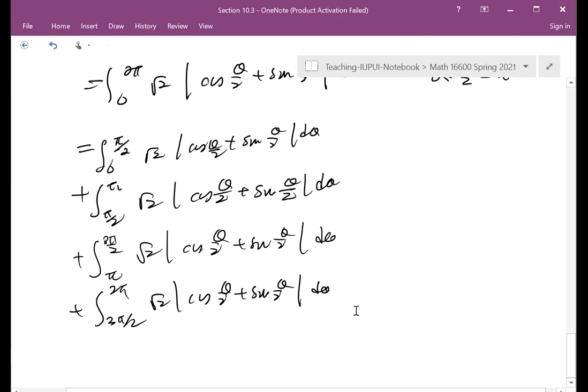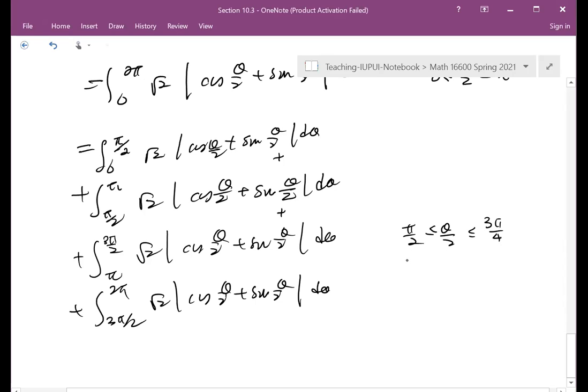All right. The first part here is positive. I can see that it's positive because half of theta is between 0 and pi over 2. Even the second one is positive, because half of theta is between pi over 4 and pi over 2. Now this part is a little bit of a problem. Here half of theta is between pi over 2 and 3 pi over 4.